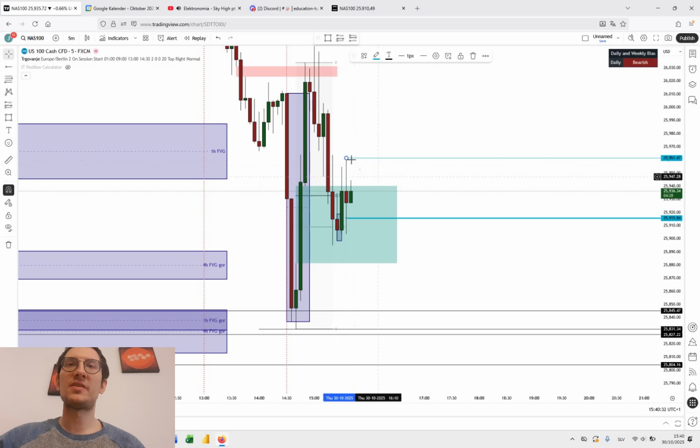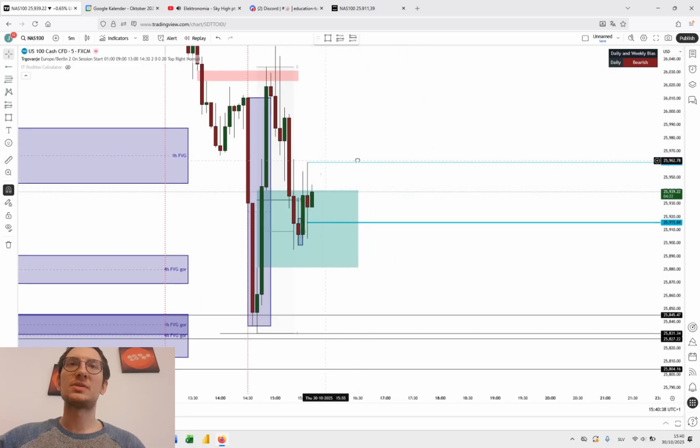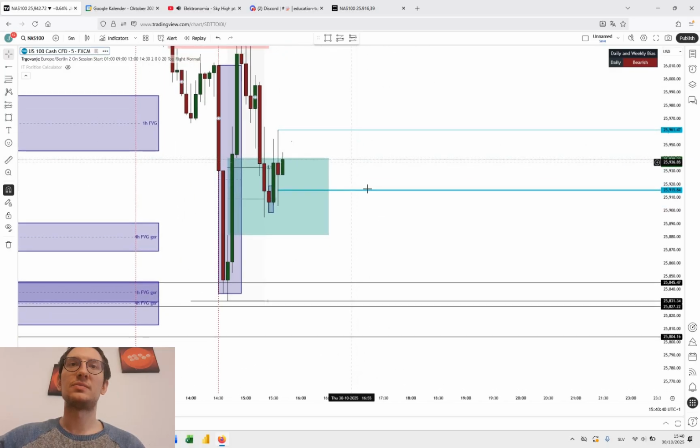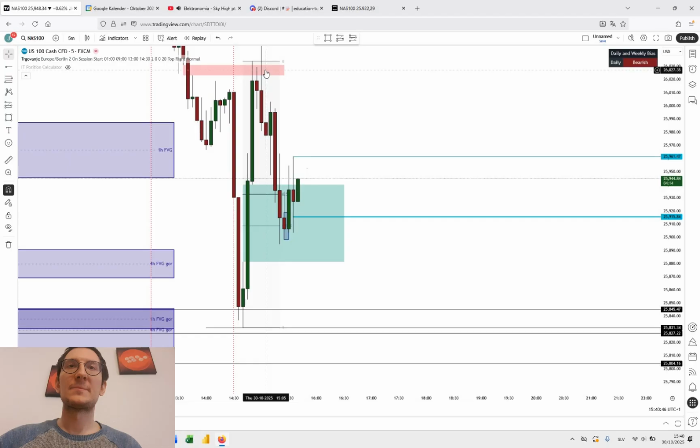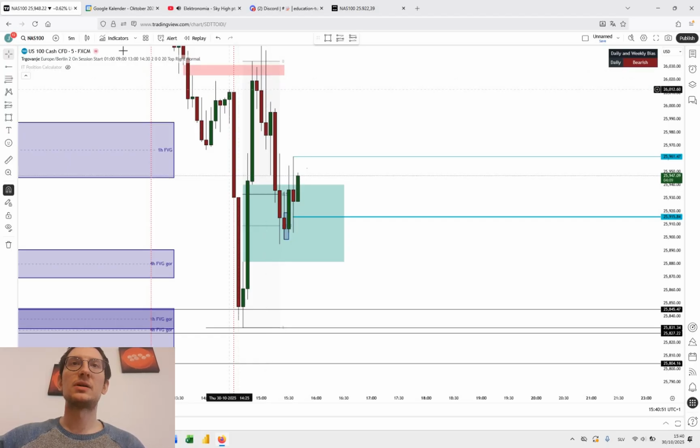Okay, we have now a 5-minute high right here, then maybe we can again break structure to the upside, who knows. Ah yeah, this order block is not valid anymore anyway. But I'm still gonna keep it, because, why is this not valid anymore?